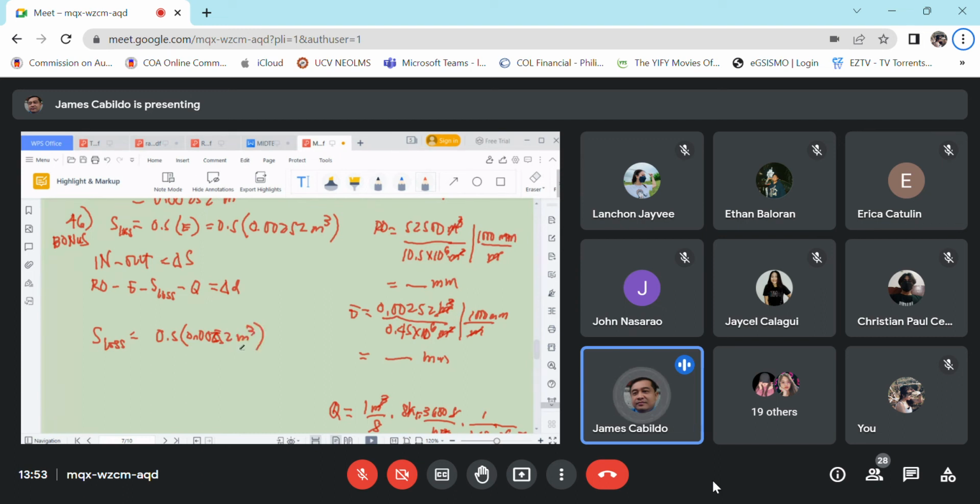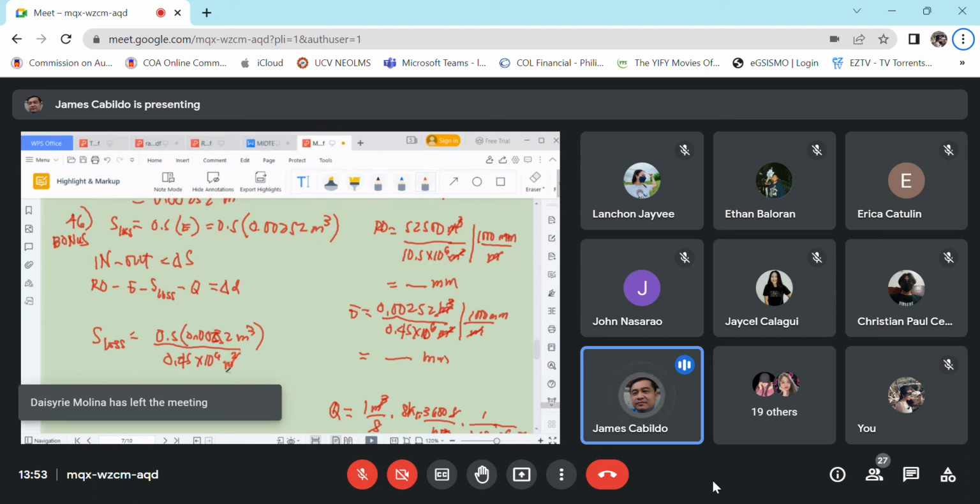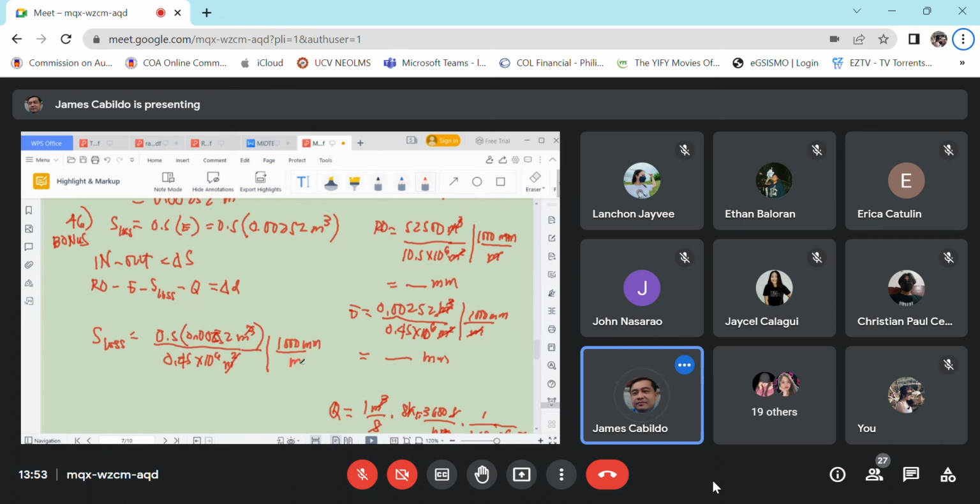Okay. So we have to divide this by area of the pool, reservoir, 0.45 times 10 to the 6 square meter. So cancel na yung square meter na yan. Tapos i-convert natin into mm, 1,000 mm per meter. Para makancel yung last na meter. So ang lalabas dito ay mm.